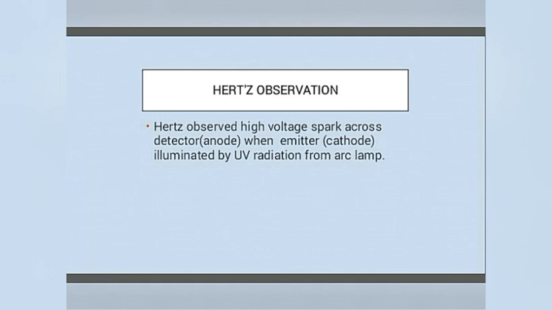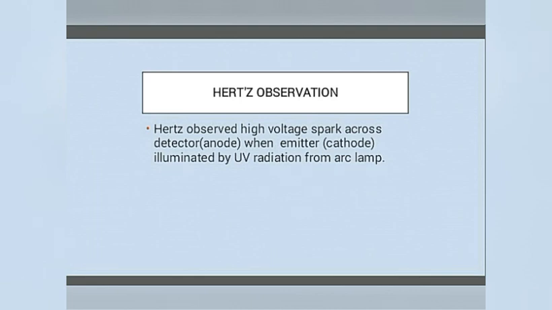Here the Hertz observation is as follows. During his experiment on production of electromagnetic waves, he observed a high voltage spark across the detector when the emitter is illuminated by ultraviolet radiation from an arc lamp. So what is the meaning of this?